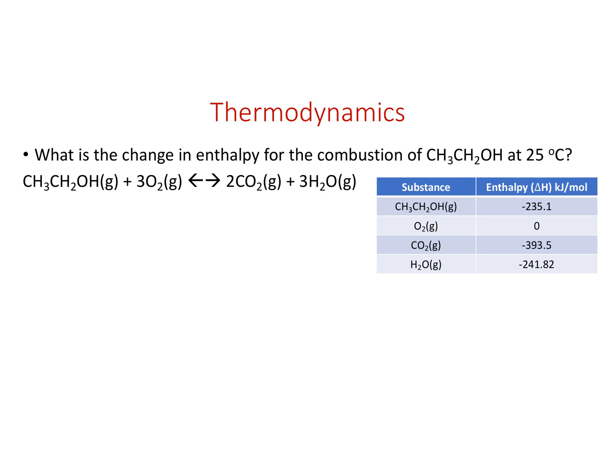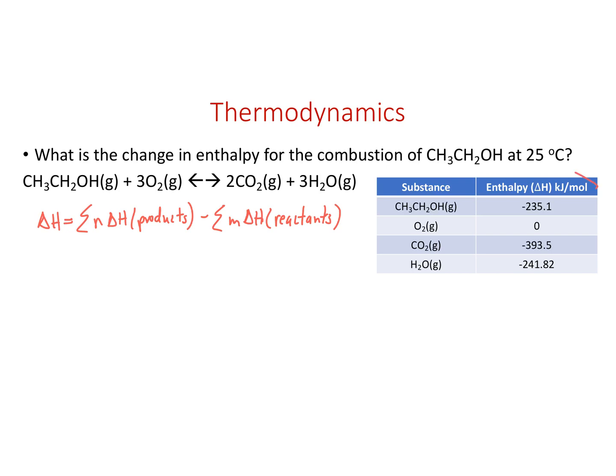The next calculation, what is the change in enthalpy for the combustion of ethanol at 25 degrees Celsius? So we're going to use the very same calculation, except instead of the summation of entropy, it's the summation of enthalpy values. So now the delta H equals the summation of how many moles and the delta H of each of the products, minus the summation of how many moles and the delta H of the reactants.